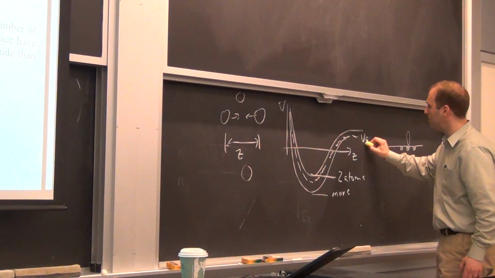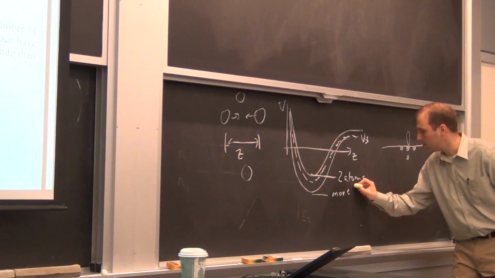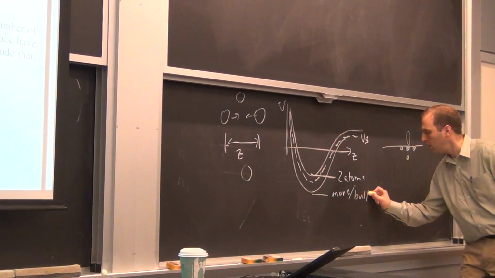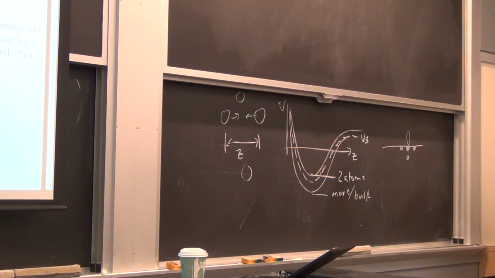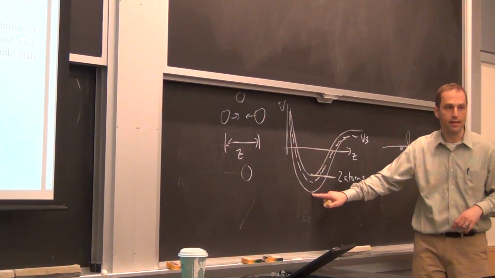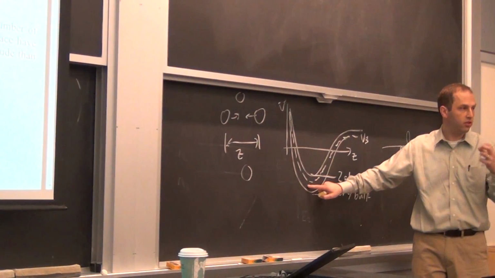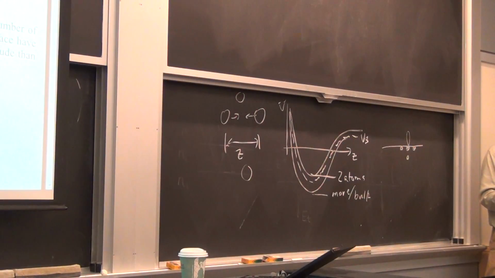Call this Vs for the surface. There's going to be a little bit less, so this would be like a bulk condition. There's going to be a little bit higher potential there than in the bulk. And that difference in energy between a fully passivated bulk atom and a surface atom is basically the energy cost of having a surface present.